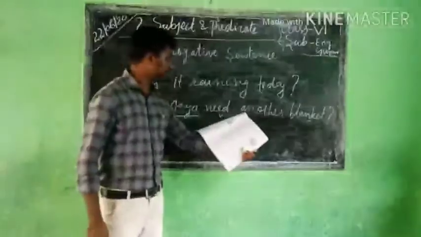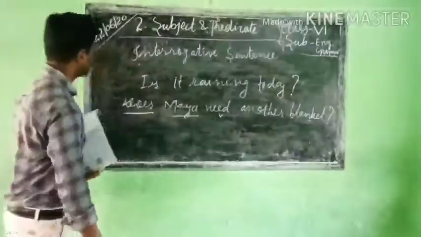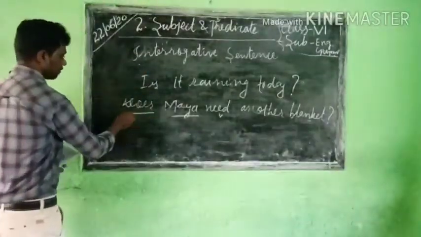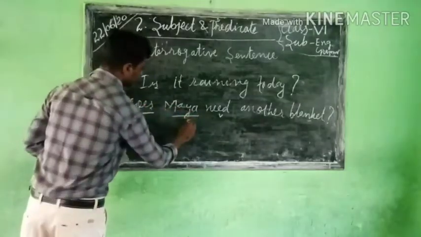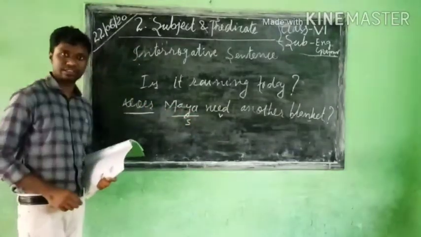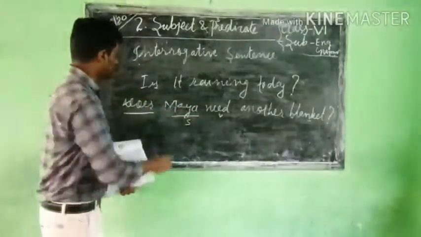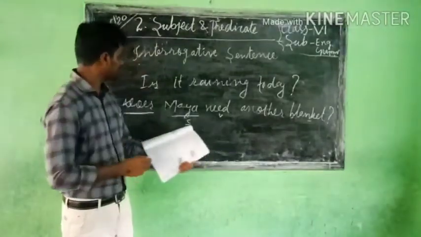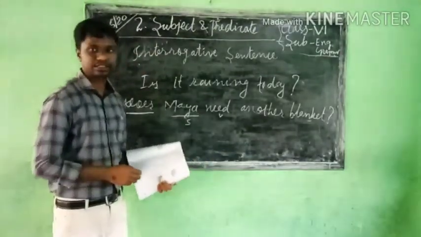Need is the main verb in this sentence. So here this auxiliary verb is followed by a subject. Maya is called what? Subject.